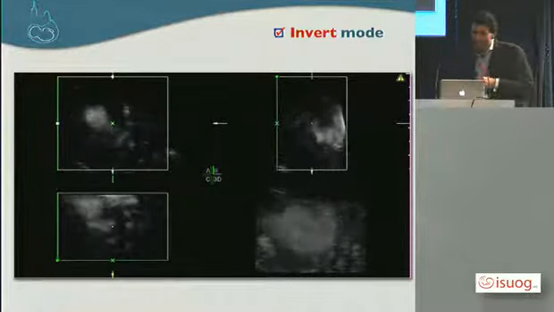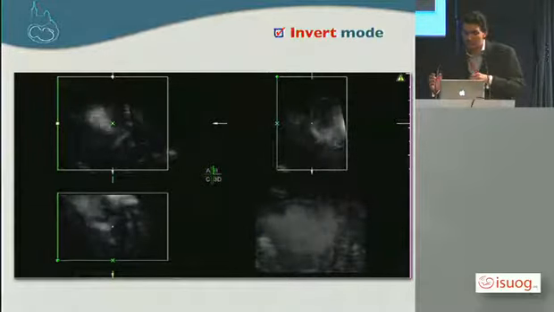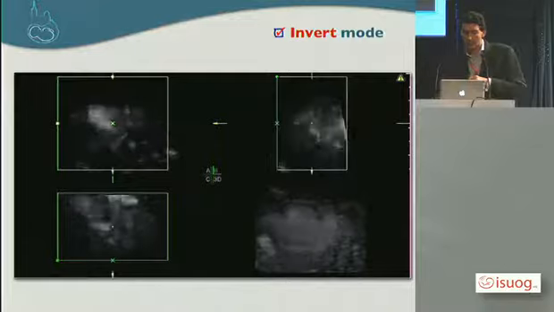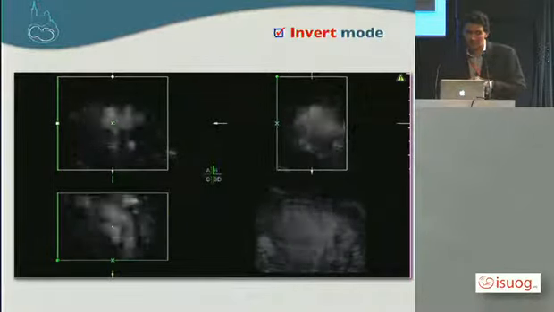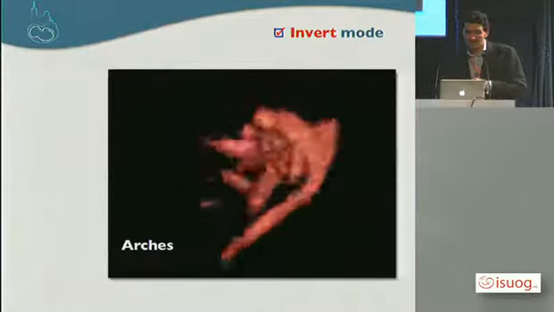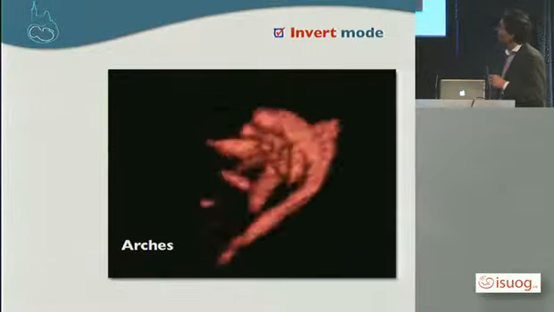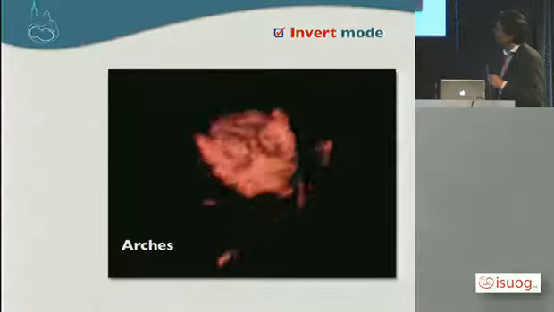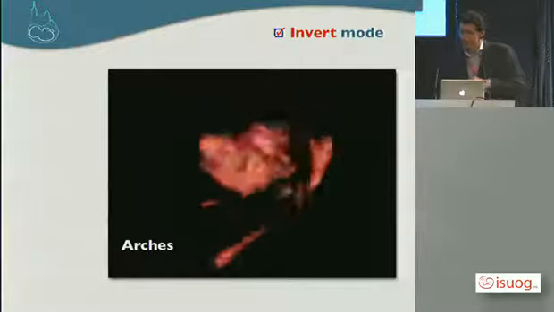It's difficult to show and to find anything. But when you go to your different modes and put in a different kind of algorithm, then it's possible, for example, to show the arches, especially when you suspect an anomaly of the arches, an anomaly of position, or an anomaly of size. It can be helpful as well.